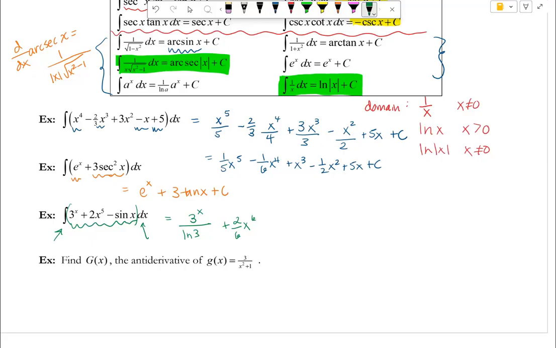And then negative sine of x, we want to be really careful here. The antiderivative of sine of x is negative cosine of x. So subtracting a negative, we're going to get a positive there. So if I clean this up just a little bit, I have 3 to the power of x divided by the natural log of 3 plus 1/3 x to the 6th power plus the cosine of x plus c.